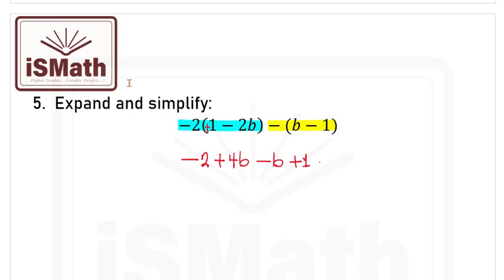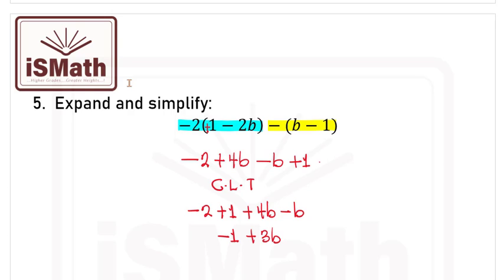So I'm collecting like terms now. Collecting like terms, I have to rearrange this just for this explanation. I don't need to actually do this, but we have minus 2 plus 1 will give you minus 1. And then plus 4b minus 1b will give you plus 3b.